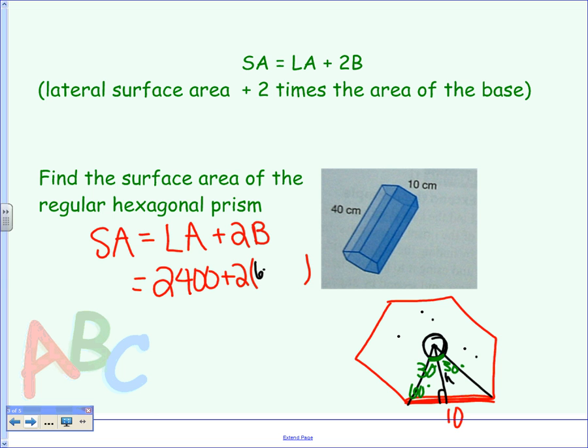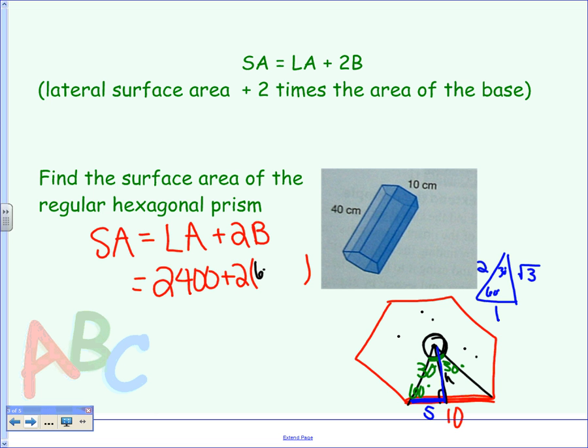So what is this length right here? 5. And so how can I figure out my height? Set up a proportion. I draw my little reference triangle. What would go here? What goes here? And then the 2 goes there. Does that make sense?